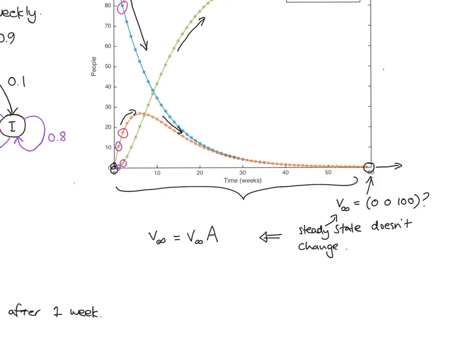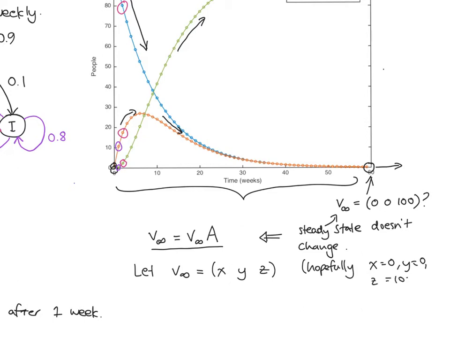So this gives us a handy equation that we can use to work out our steady state. So what we're going to do is we're going to let the steady state that we're looking for be x, y, and z, and hopefully we're going to show that x equals 0, y equals 0, and z equals 100, but that's what we want to show.